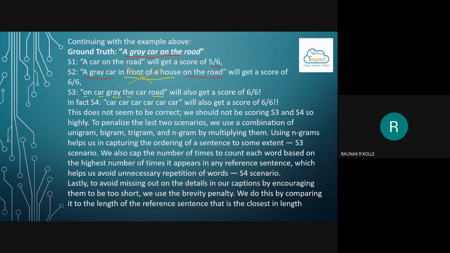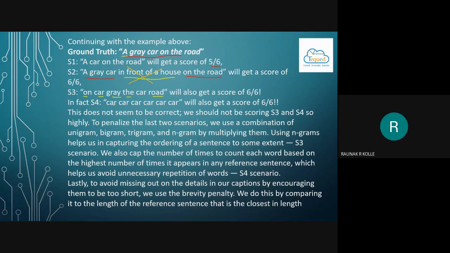But the ordering is wrong, and we've noticed that car occurs twice here, and there's no article. You notice that there's no article in sentence 3.